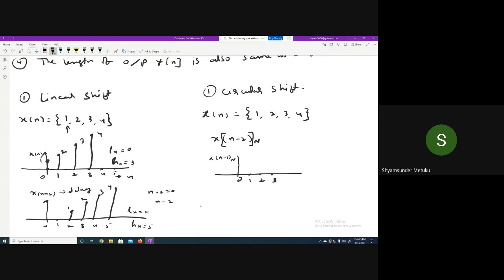One time delay means instead of 0 at 1, I will get a 1. Correct or not? As per your linear shift only. At 2, what is the height I will get? 2. Yes or no? At 3, 3. Now the thing is, what is left out? After 3 shifted at 3, what is the sample left out here? 4. Instead of moving beyond 3, it has to be rounded back here.